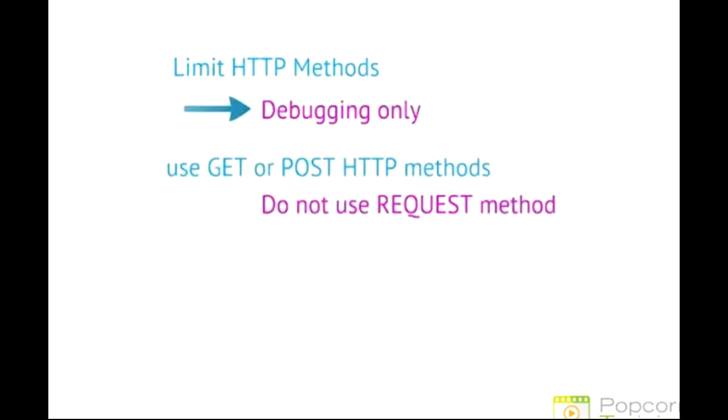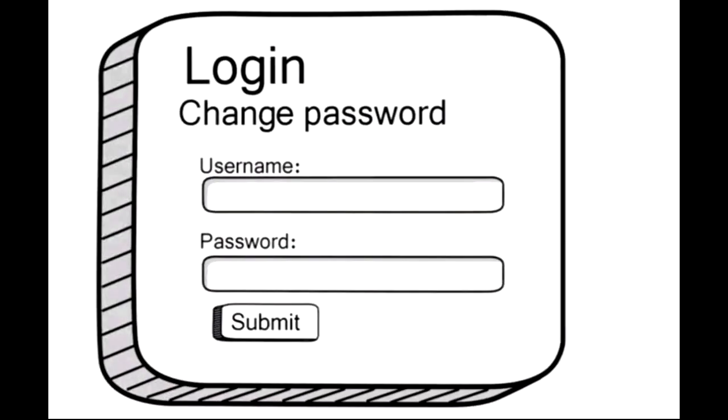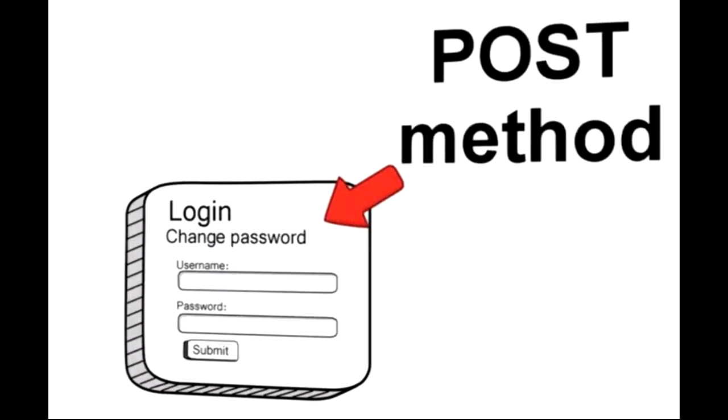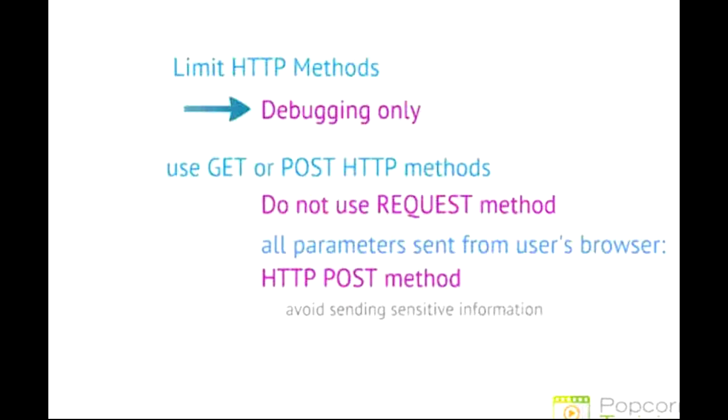When the request performs an action with an effect on the application, it should utilize the POST method. For example, when changing a password, all parameters sent from the user's browser to the web server must make use of the HTTP POST method. This is to avoid sending sensitive or revealing information as part of the request URL.